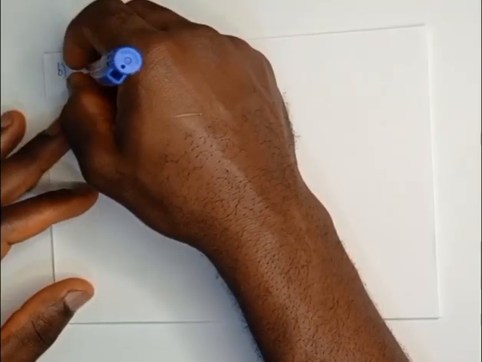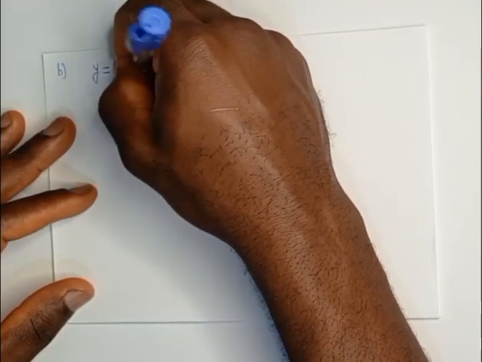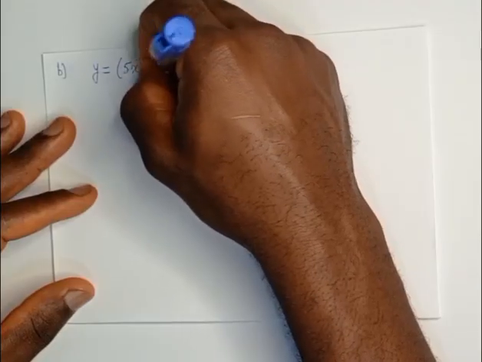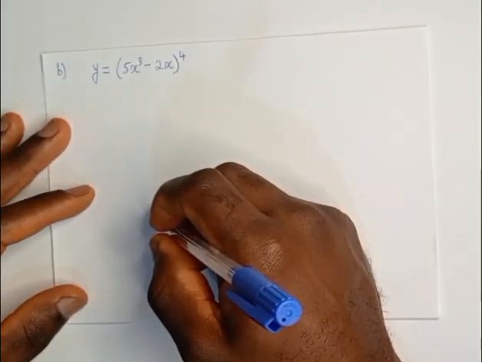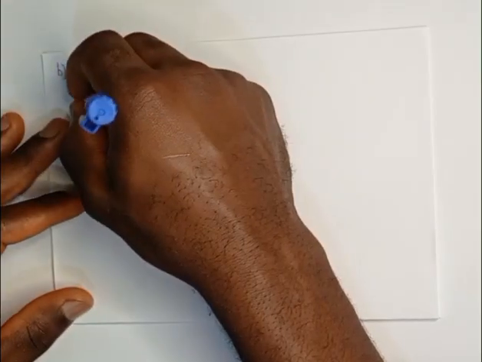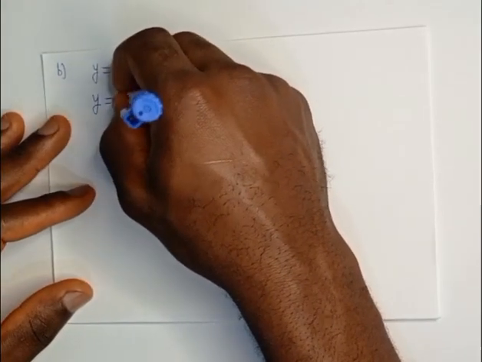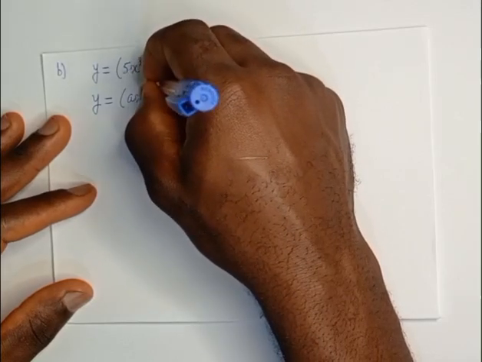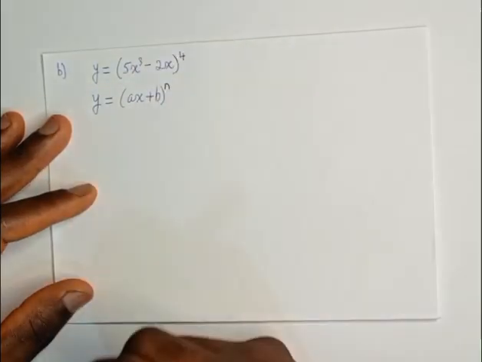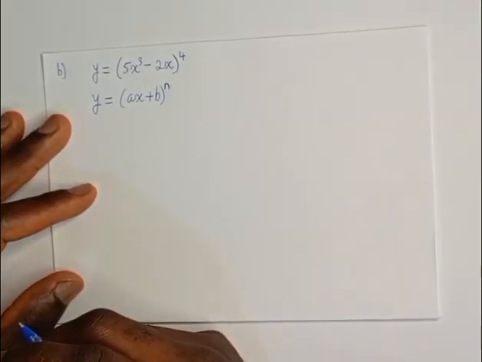For B, we have to differentiate y equal to 5x cubed minus 2x, all this raised to the power 4. First, for us to perform this differentiation, we are going to make use of this formula. We have y equal to ax plus b, all this raised to the power n, where ax plus b is a function of x.